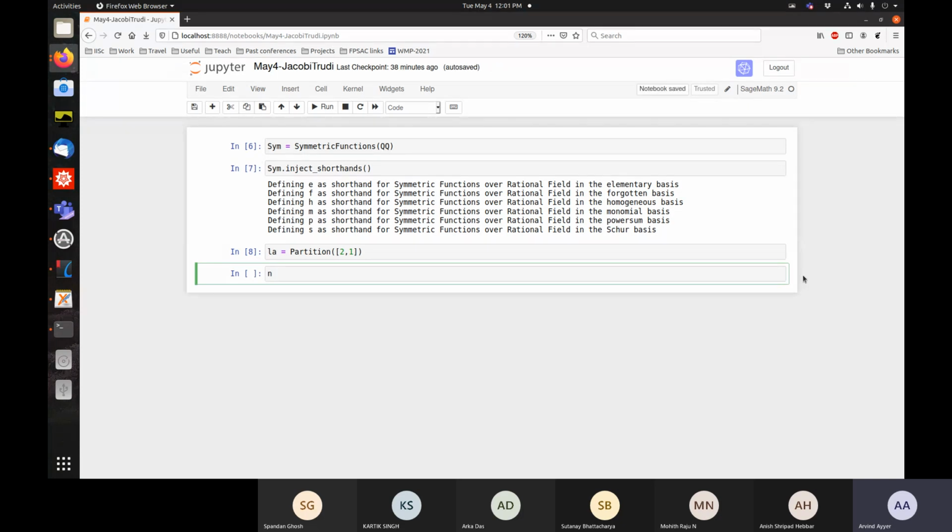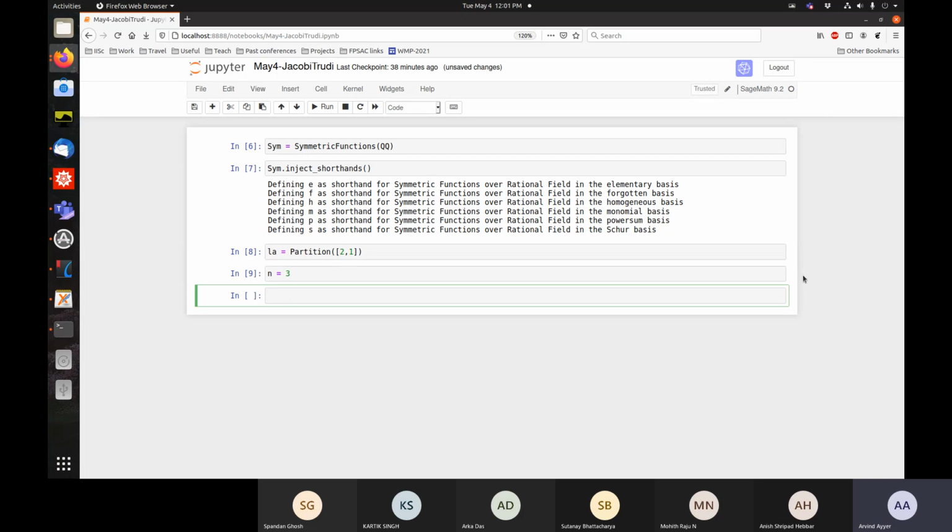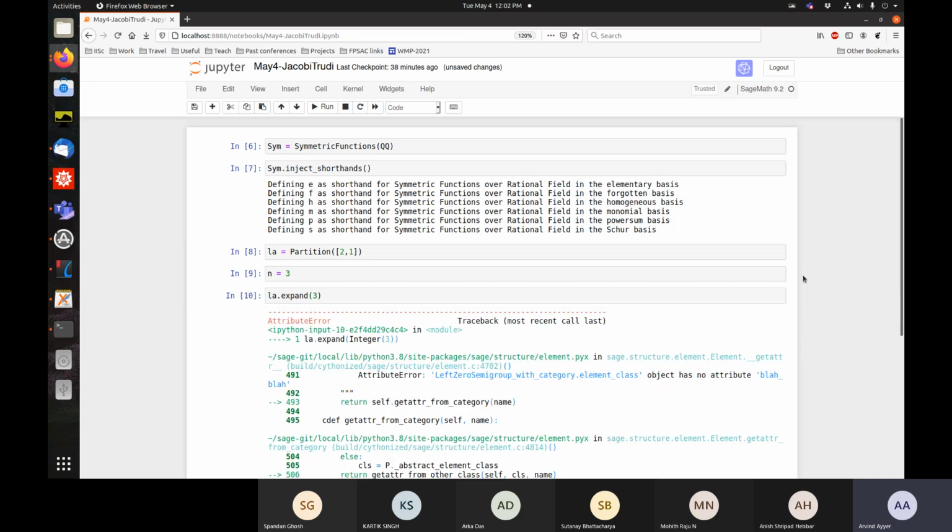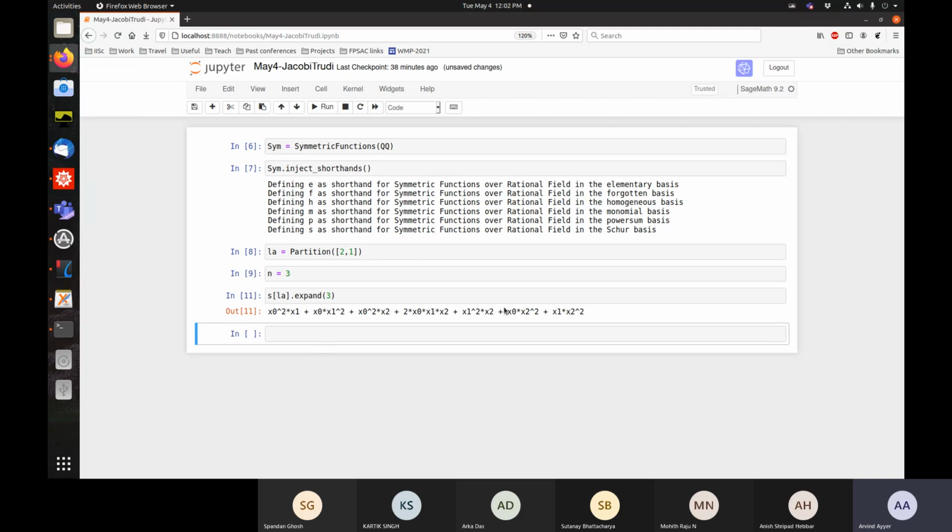So S of lambda. This was the example we saw in class, and now let's take the determinant of h of lambda j plus I minus j.